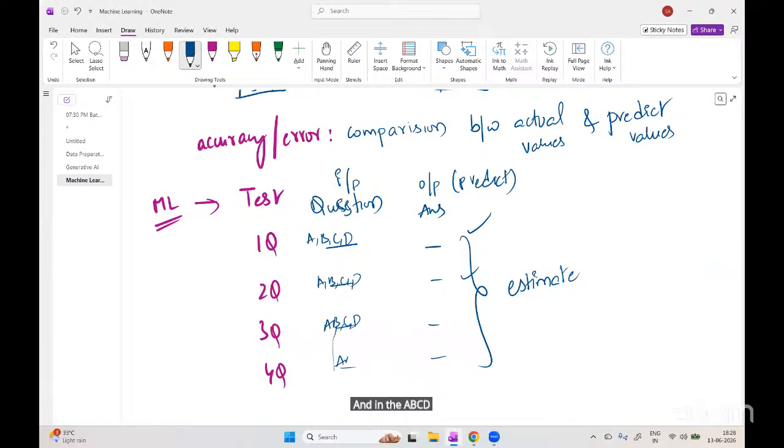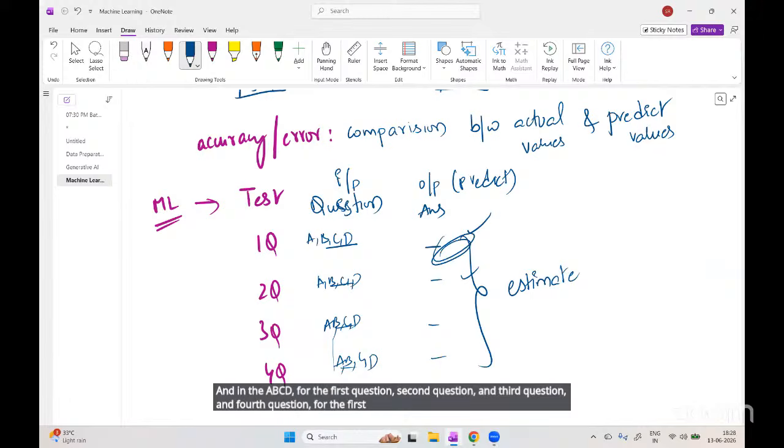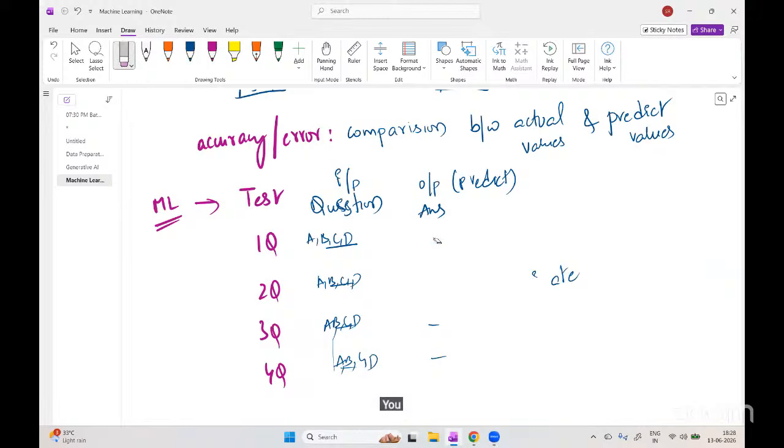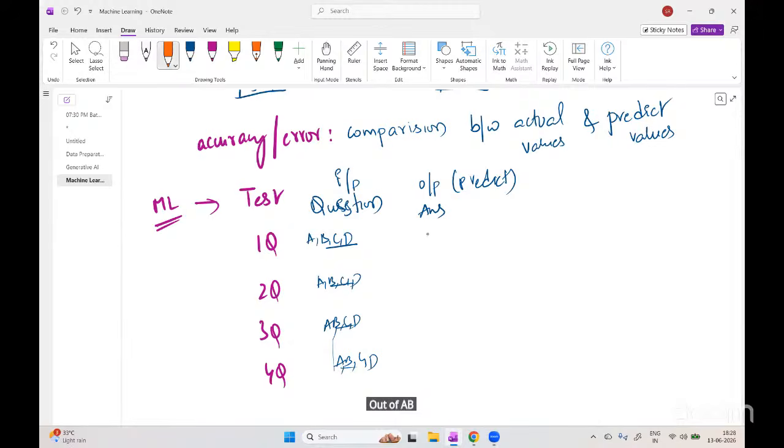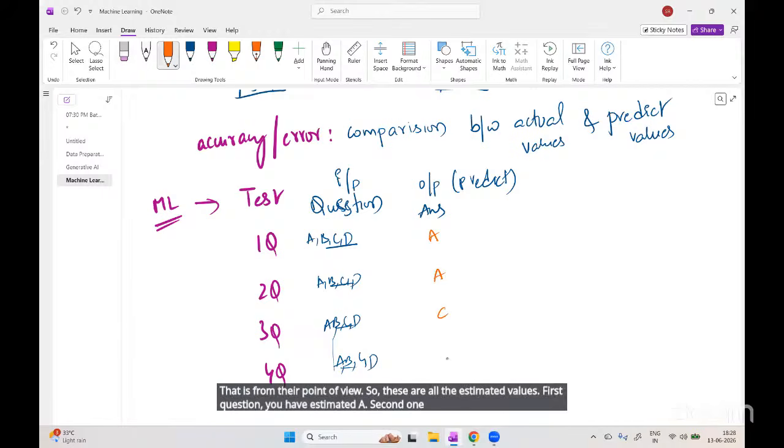For the first question, out of A, B, C, D, which is the correct option? You told A from your point of view. Another person may write B, that is from their point of view. So these are all the estimated values. First question, you estimated A. Second one is A. Third one is C, followed by B.